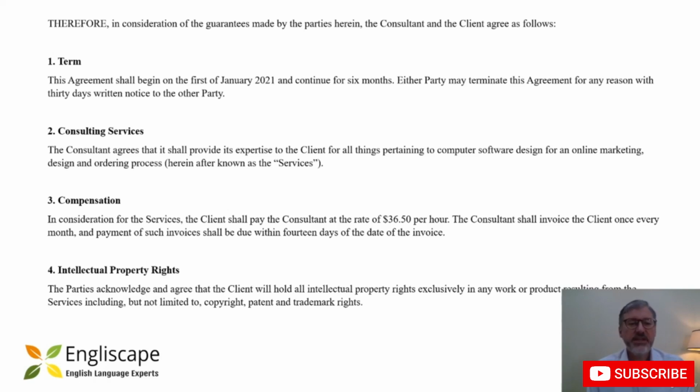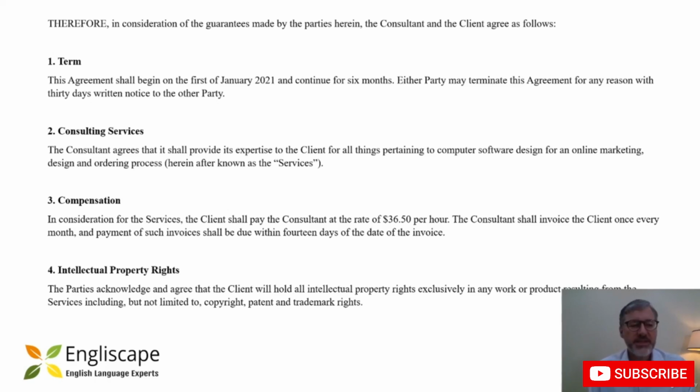The consultant agrees that it shall provide its expertise to the client for all things pertaining to, this means related to or about, computer software design for an online marketing design and ordering process, hereinafter known as the services. Capital S for services because it refers to a major point. That is computer software design for online marketing and design and ordering processes.